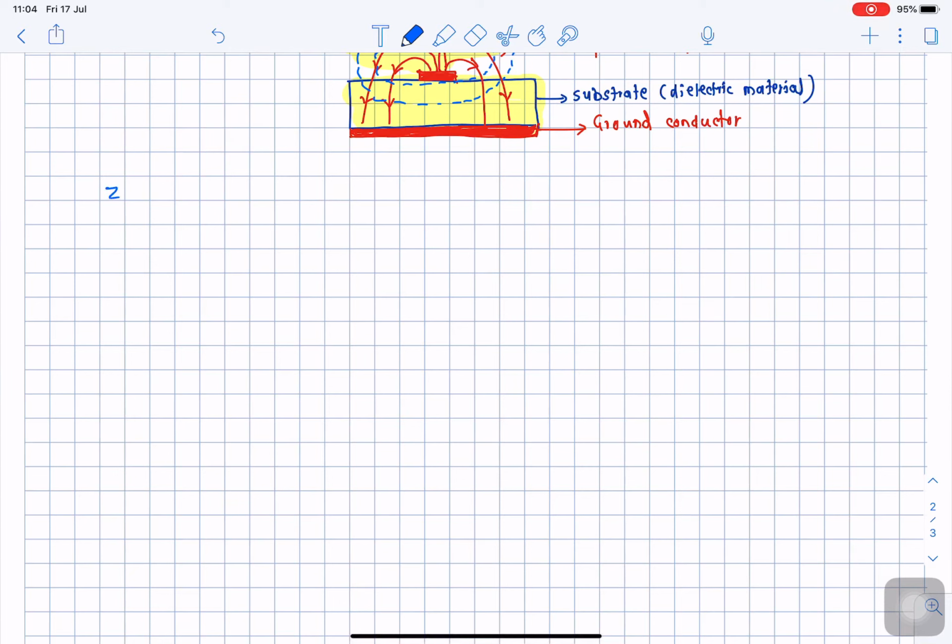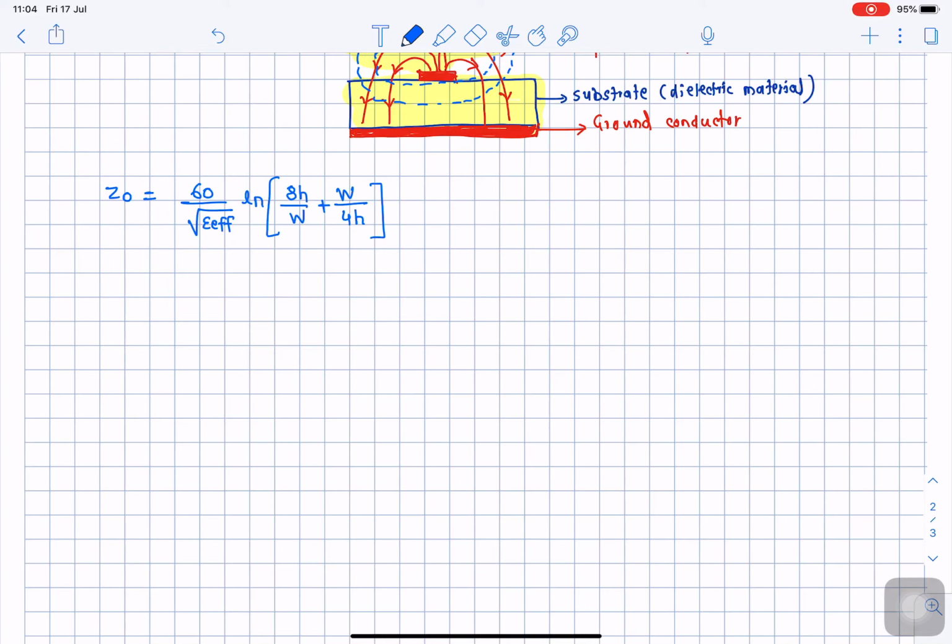Z0 is equal to 60 divided by square root of epsilon effective, natural logarithm of bracket 8h divided by W plus W divided by 4h, bracket complete.